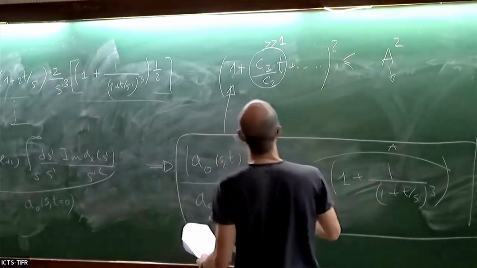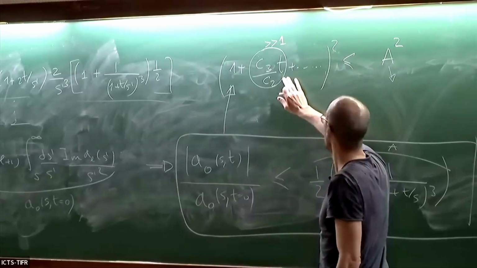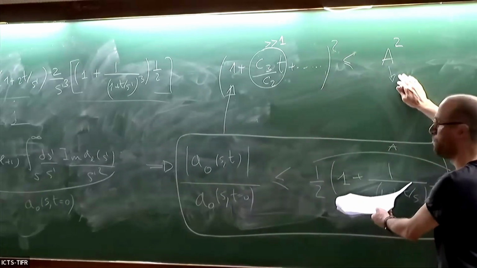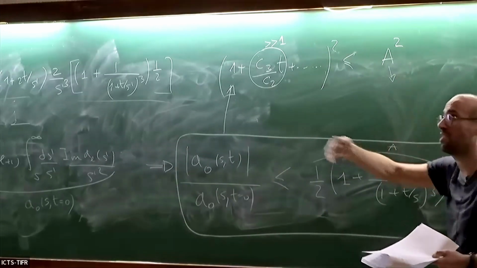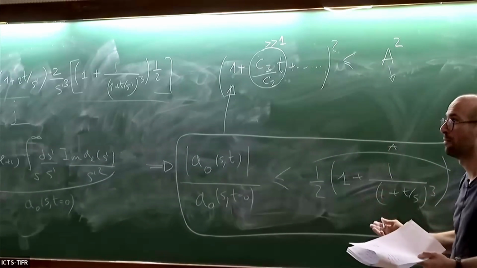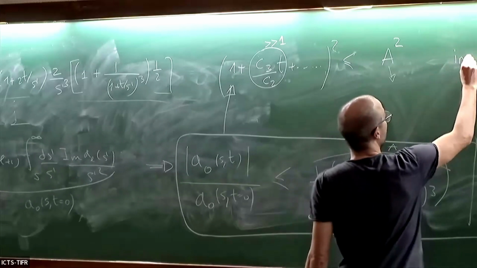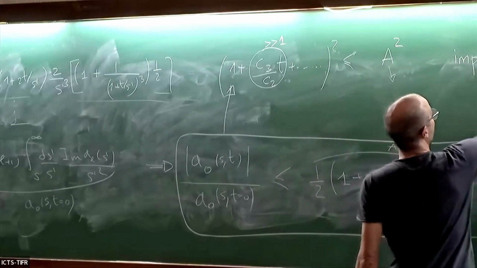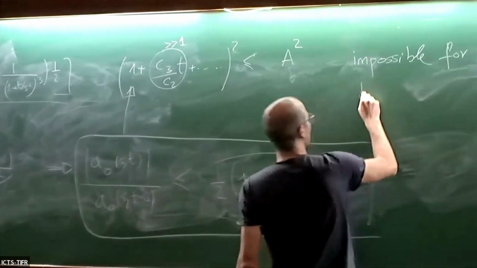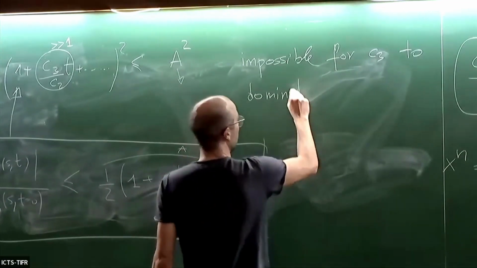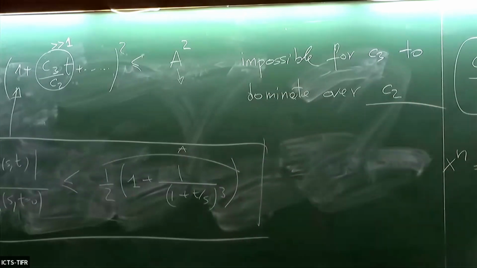So this is saying I have something that grows quadratically in t, which has to be less than something that's basically constant. So there's a maximal t, past a certain t this can no longer be true. Okay, so you run a contradiction. This basically is impossible for C3 to dominate over C2, even though you have a symmetry. Okay.